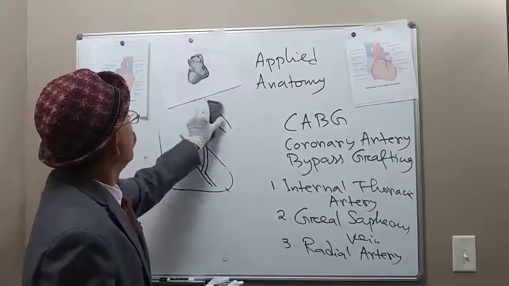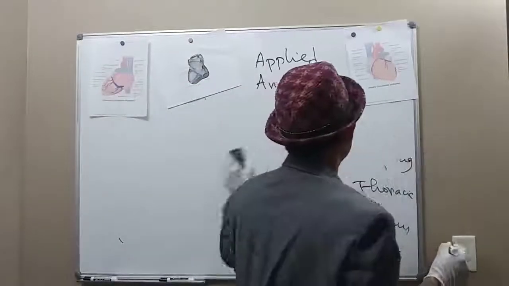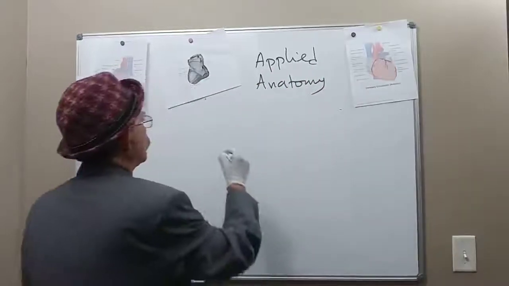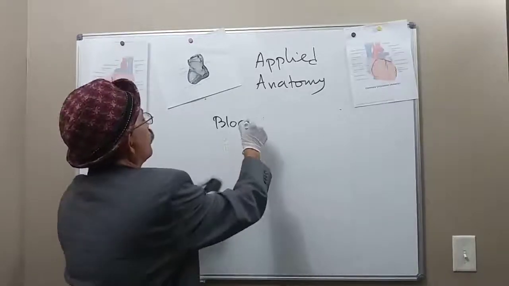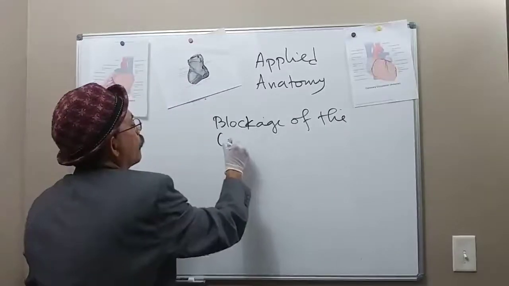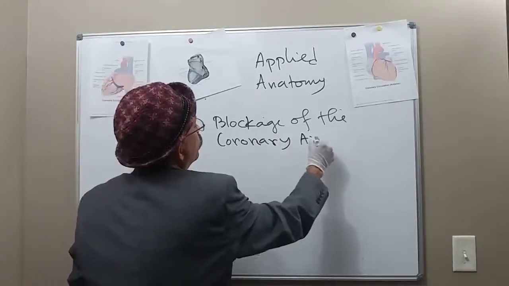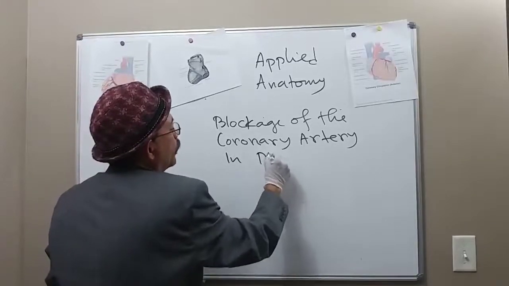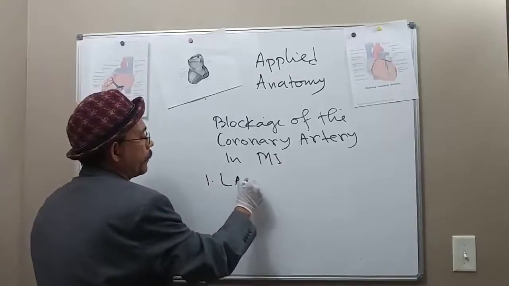Which part of the heart is most commonly blocked in myocardial infarction? Blockage of the coronary arteries in MI, or myocardial infarction: most commonly it is the LAD.